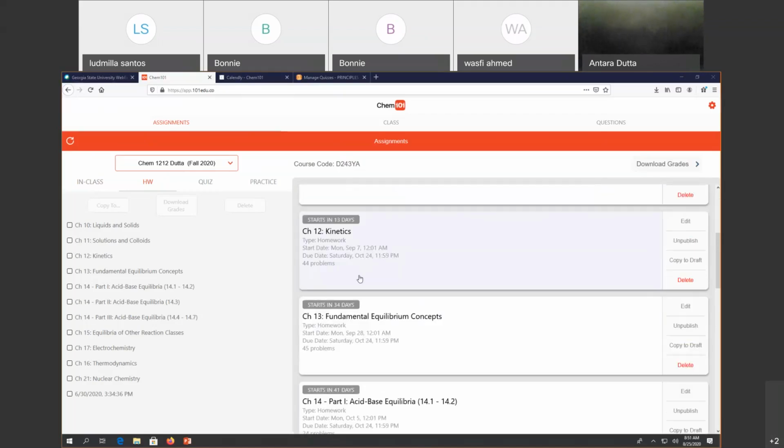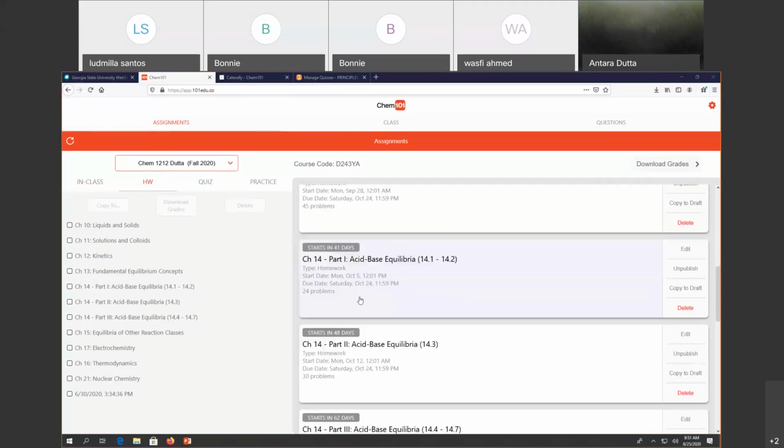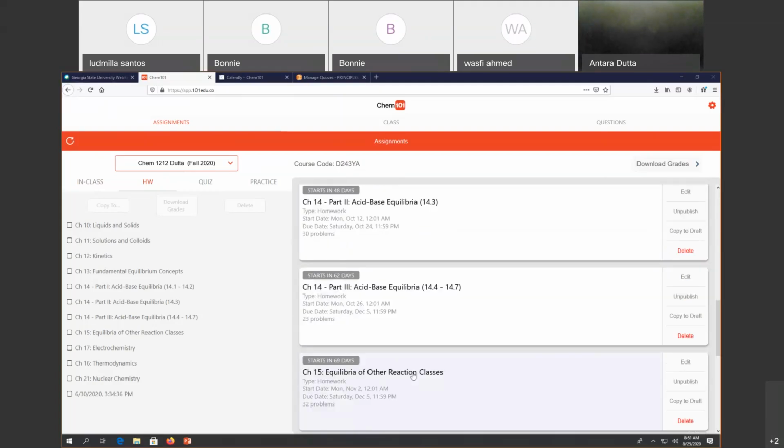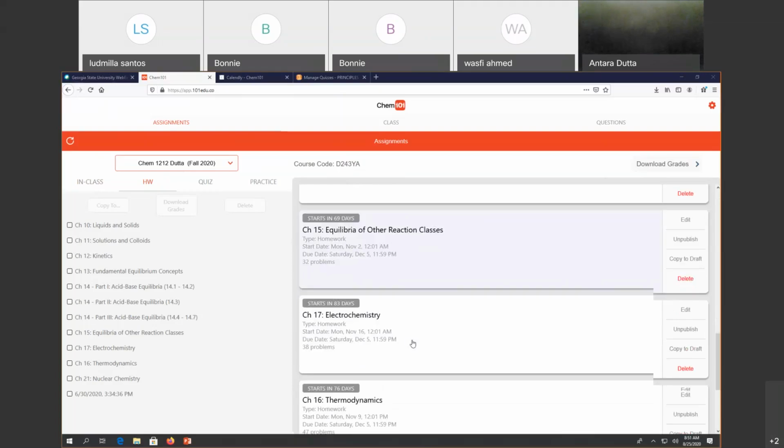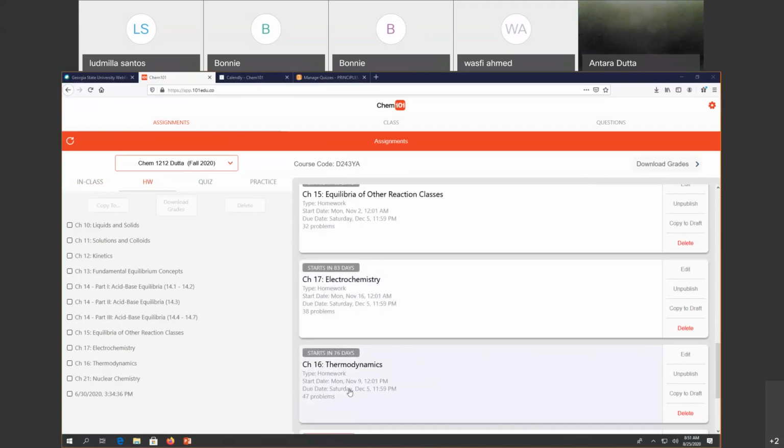Then chapter 12, kinetics, 13, and 14.1 to 14.3 are all due before test 2. And the remaining part of chapter 14, and 15, 16, and 17, are due before test 3.